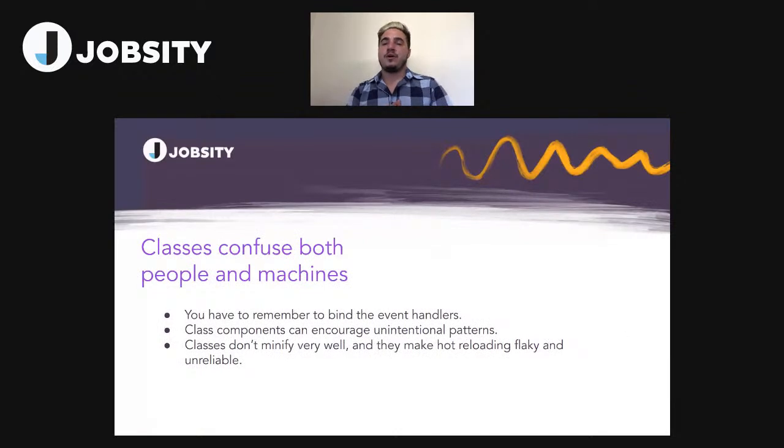If you try to add some event handlers, maybe you forget to bind this, and you're going to have problems. So doing the binding is quite confusing sometimes. You can use arrow functions, and it is managed in different ways.